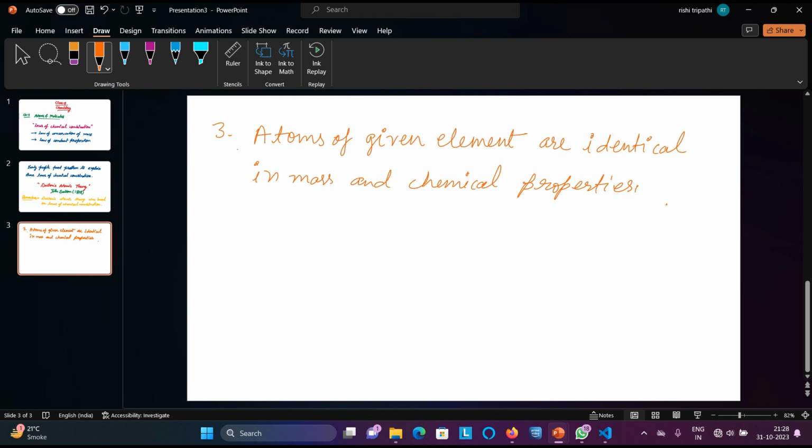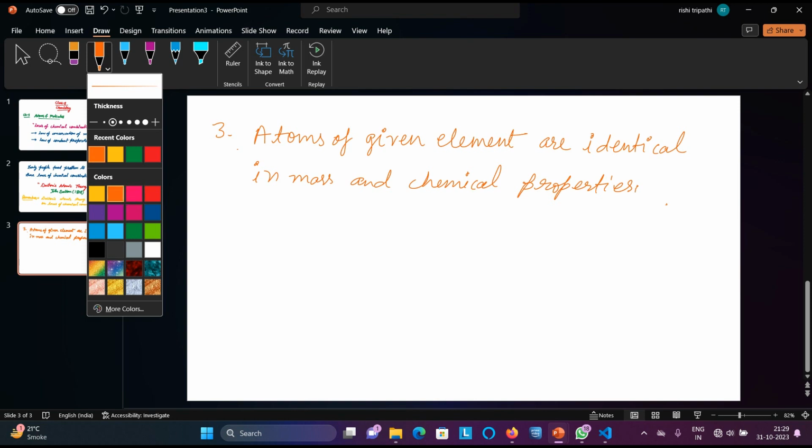Elements, where are the elements present? Elements are present in the periodic table. Everything in this universe is the manifestation of atoms only. So elements also will be made up of atoms. And if you are considering any particular element, atoms of a given element are identical in mass and chemical properties. It is the third postulate of Dalton's atomic theory.